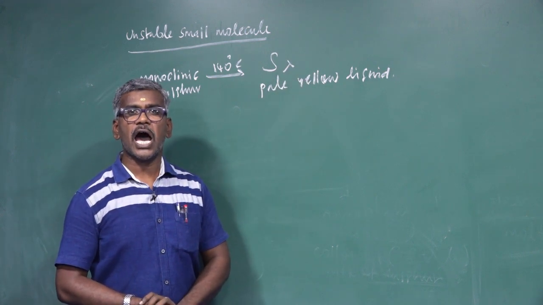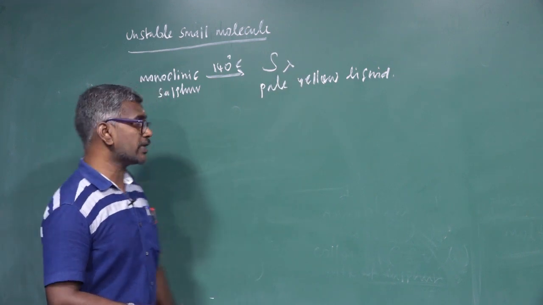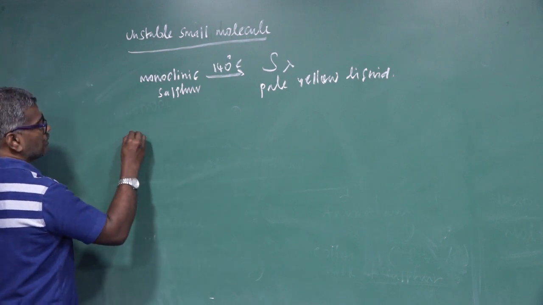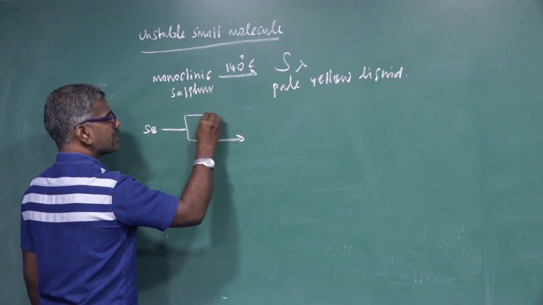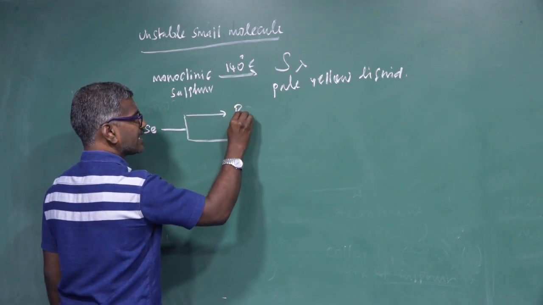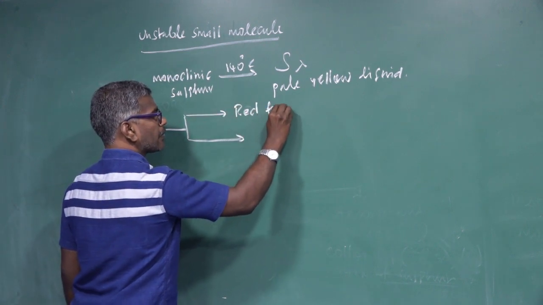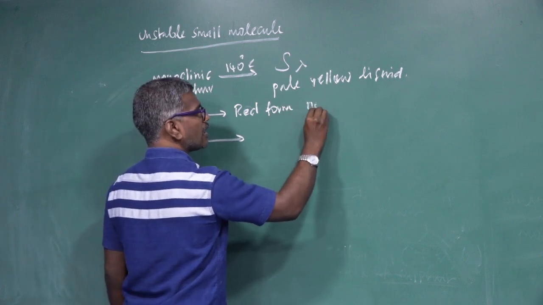Another one is allotropes of selenium and tellurium. Selenium exists in two forms. First one is a red form, which is non-metallic.